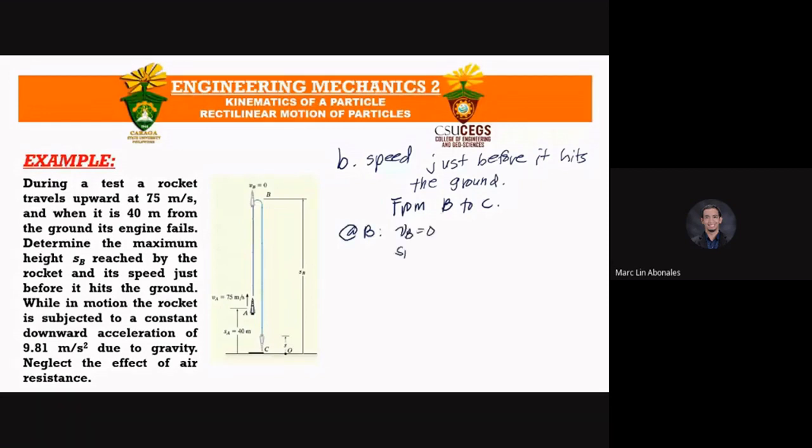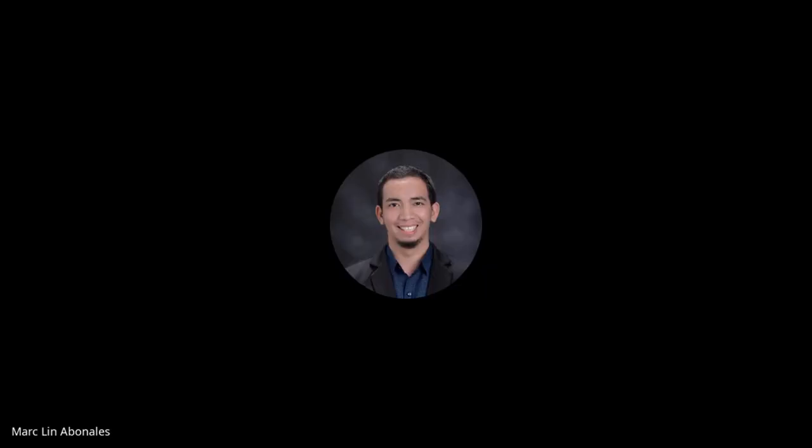SB is what we solved earlier, 327 meters. At point C, our initial point is point B, then going down to point C. VC, we do not know. So that is what we are looking for in this problem.